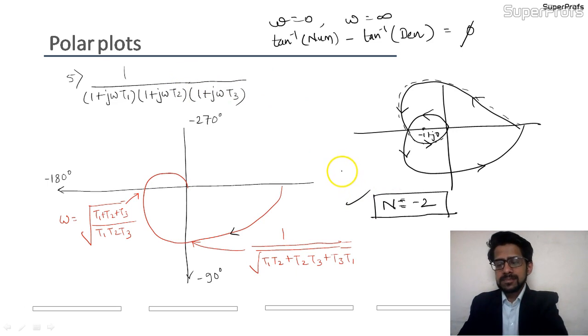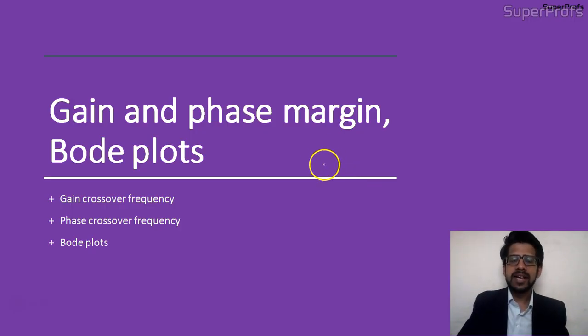Okay, this is how you can find out the value of n. Having completed the Nyquist plots and Nyquist stability, I hope all of you must have understood the Nyquist stability. We can safely now go forward and look at gain and phase margin and Bode plots.